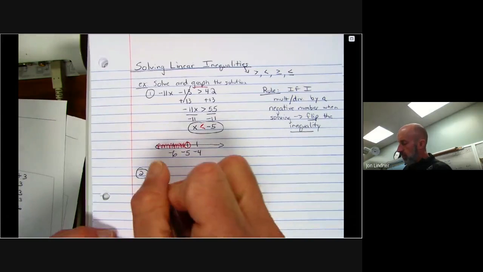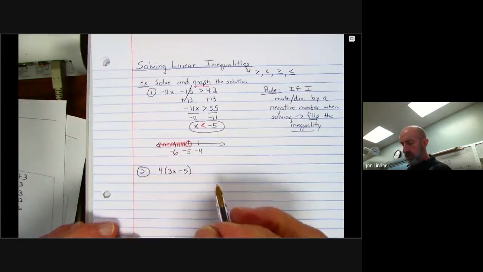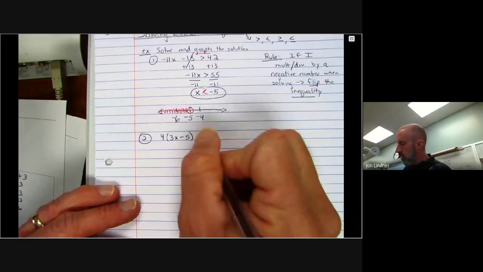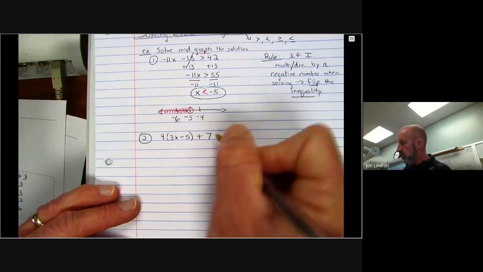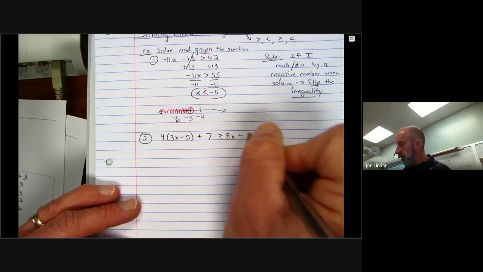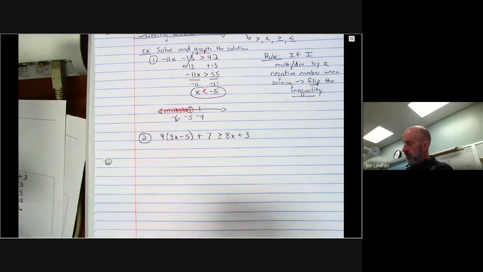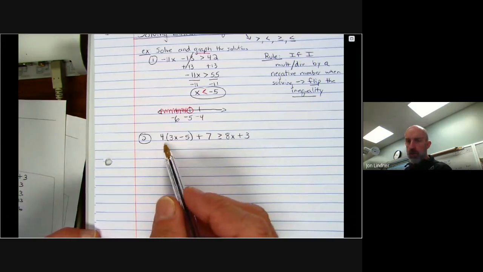Let's say that we had 4 times 3x minus 5 in parentheses plus 7 is greater than or equal to 8x plus 3. Well, the main reason I wanted to put this problem up here is to remind you of just some algebra things we have to do.